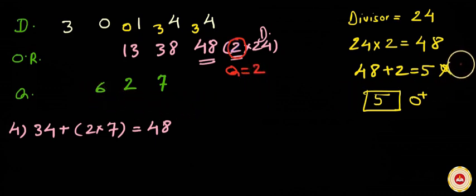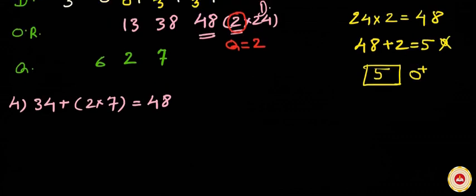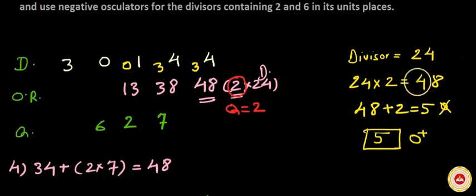Now let us find quotient. See, 3 quotient digits, 6, 2 and 7. Let us write it. Quotient 6, 2 and 7. But friends, this quotient is for this 48 and not for this 24. We got this 48 because we multiplied original divisor 24 by 2.